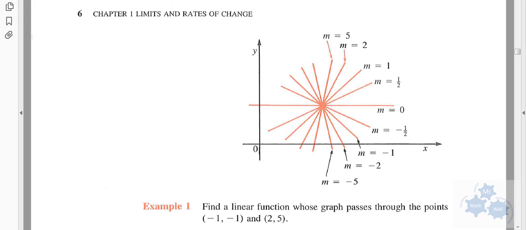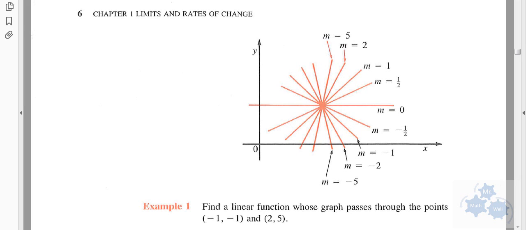So here are a bunch of slopes right here. This horizontal line right here is, of course, a slope of 0. This slope right here would be a slope of 1 because for every jump in vertical position of 1 unit, you'd have an exact horizontal displacement of another 1 unit to get to the next point. Okay?